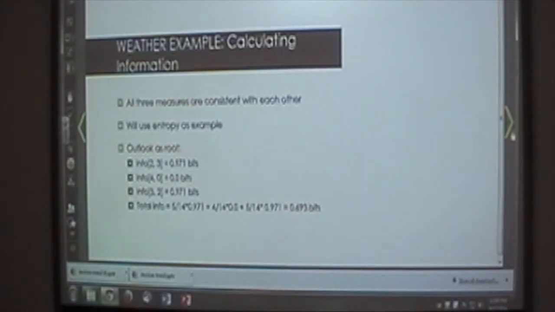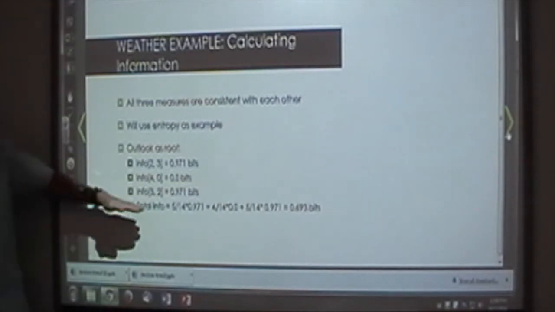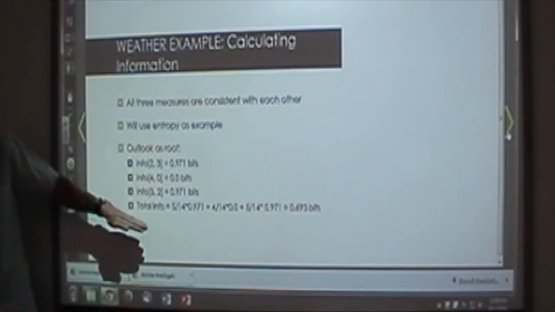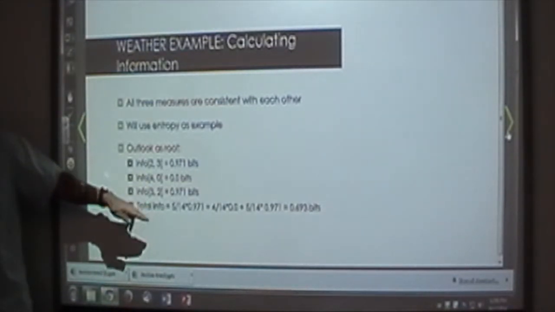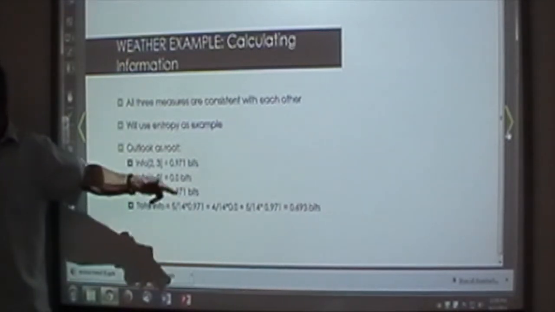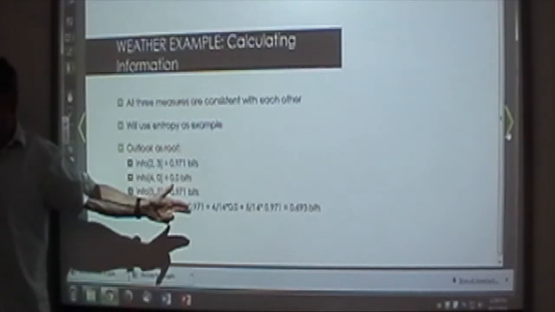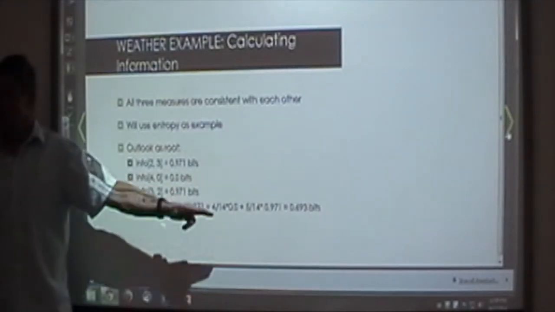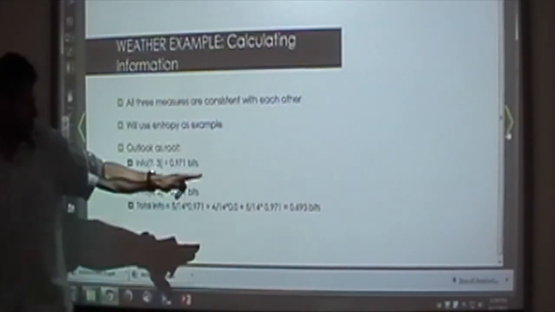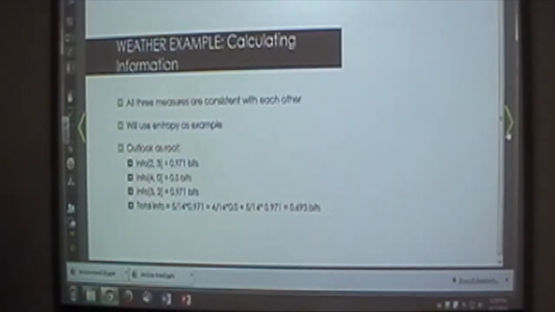So picking up from here, we then calculate the total information of the 3 branches, weighting each branch by the number of instances. So here we have 5/14 times the 0.971 plus 4/14 times 0 plus 5/14 times 0.971.